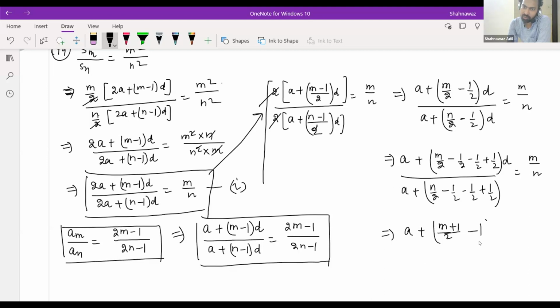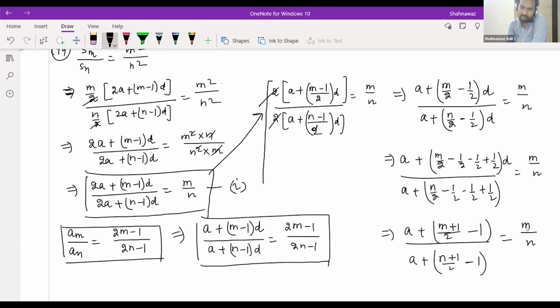Okay, this was a difficult question. So you see that if this is m plus 1 by 2, so this becomes n.